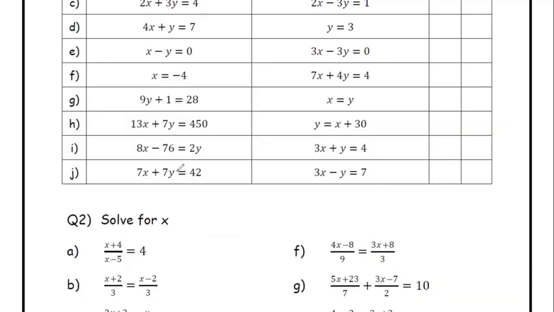Right. Now I'll start solving f, g, h, i, j using any method that comes to my mind. So let's begin.